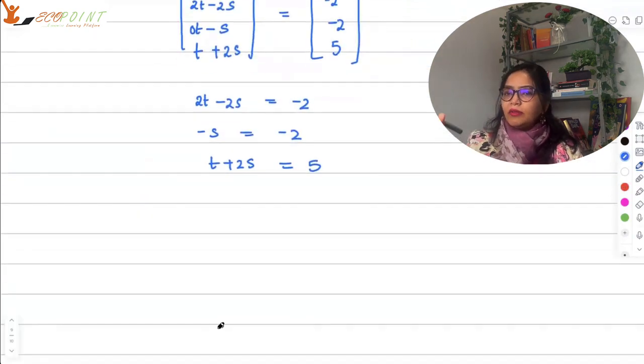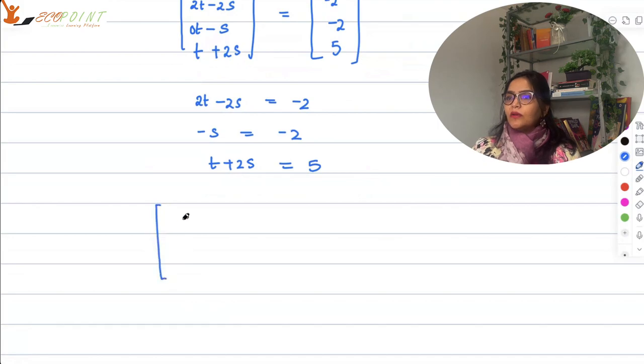Either you just solve from these equations or you can represent it in matrix form. Remember, if we have these equations, we can write them as the column 2, 0, 1.